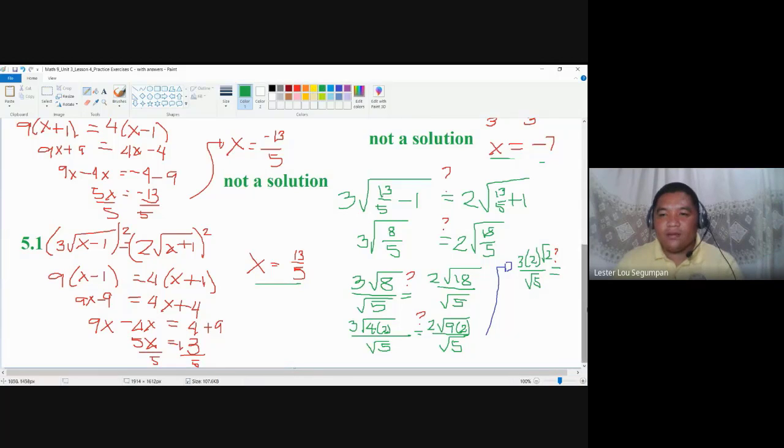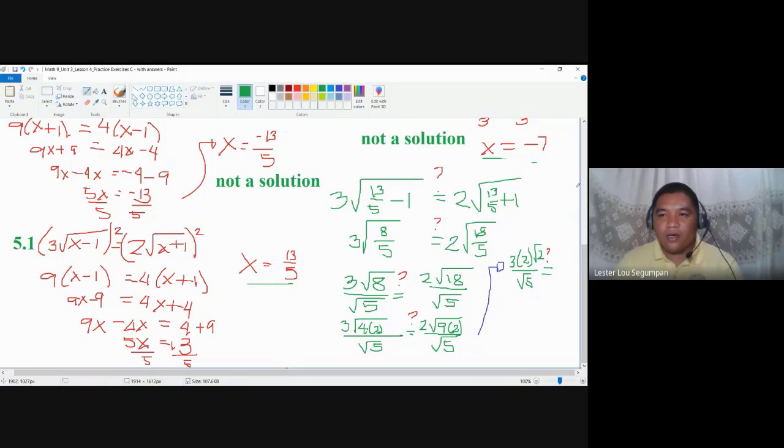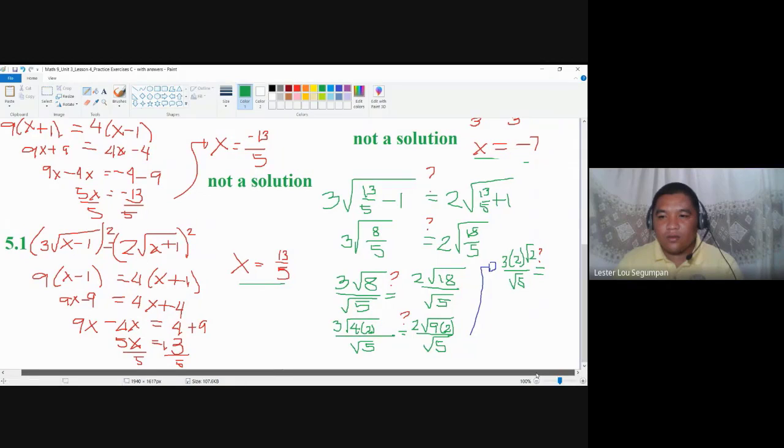The other side will become 2 times 3 square root of 2 over the square root of 5. And you multiply. 3 times 2 is 6, so you have 6 square root of 2 over square root of 5, is equal to 2 times 3 is 6, square root of 2 over square root of 5.